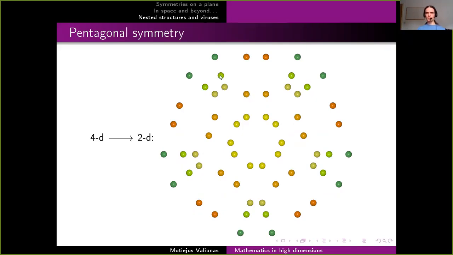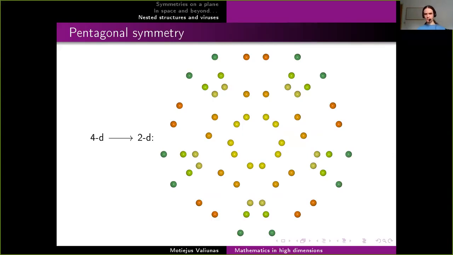Different layers of the structure are represented in different colors. We have some points on the outside, some points on the inside, some points in the middle. And it has symmetries of a pentagon. You can see that, for instance, if you take this arrangement and rotate it by 72 degrees, 1/5 of a turn, then it will come back to where it was.